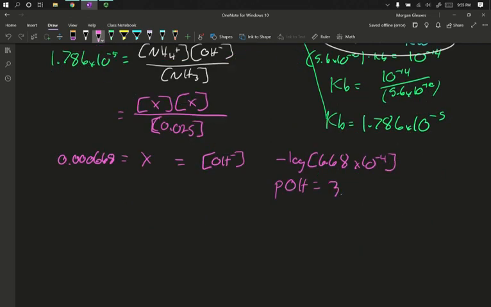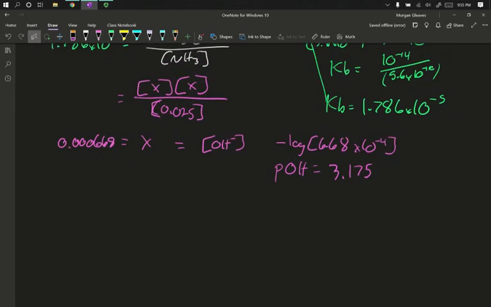We'll find that is 3.175. Well, we're always trying to reference the pH in the end. That's the convention. So if we know the pOH, the last step is to find the pH. The pH will be 14 minus the pOH. So 14 minus 3.175. The pH is 10.83.